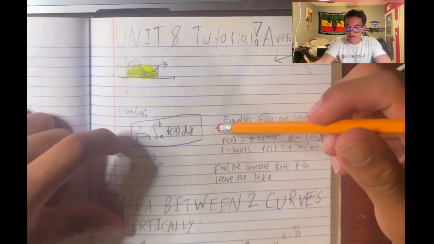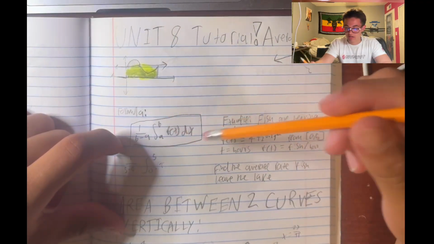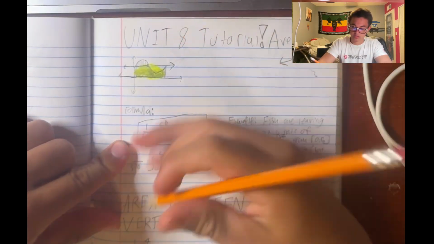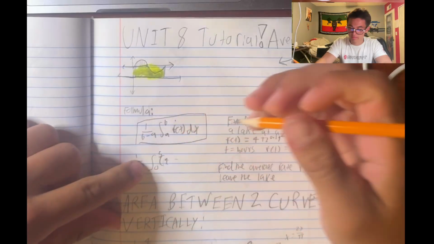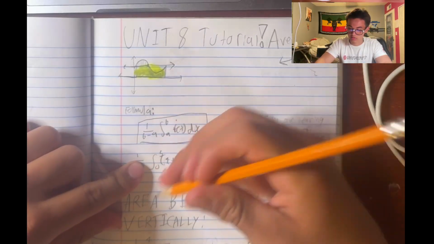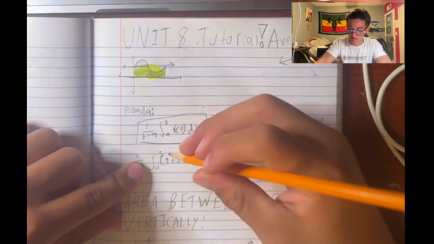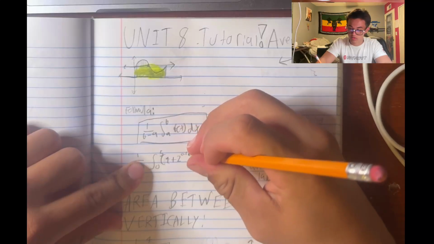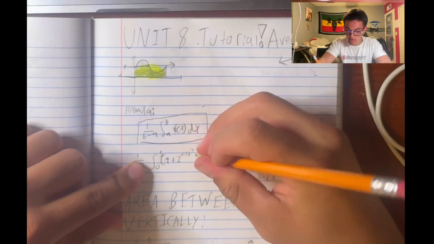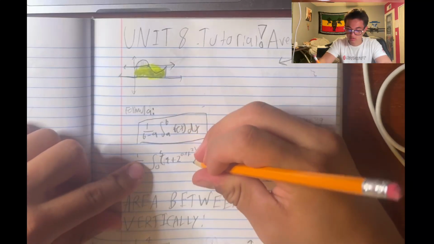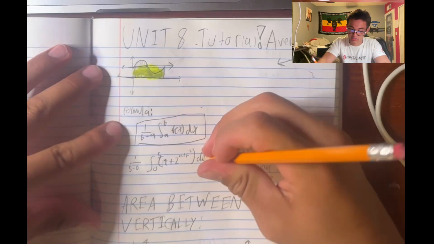So, where was I? We're not putting f of x, we're going to put in the actual function. So 4 plus 2 to the power of 0.1 t squared, and then you can't forget your dt.